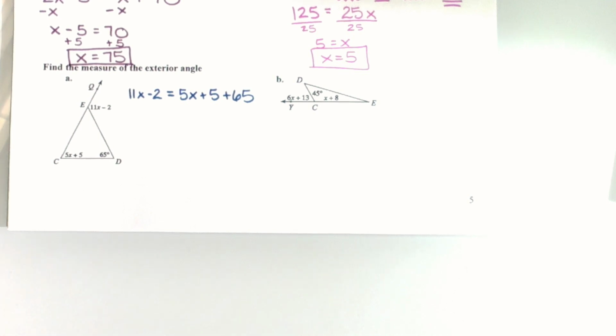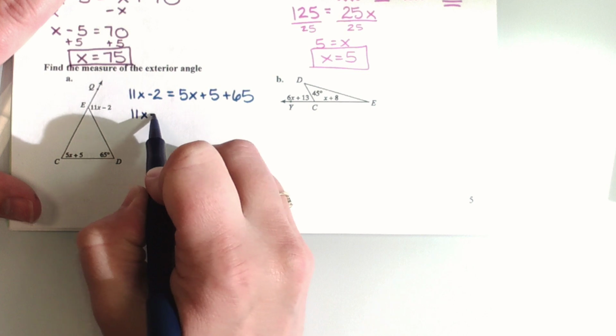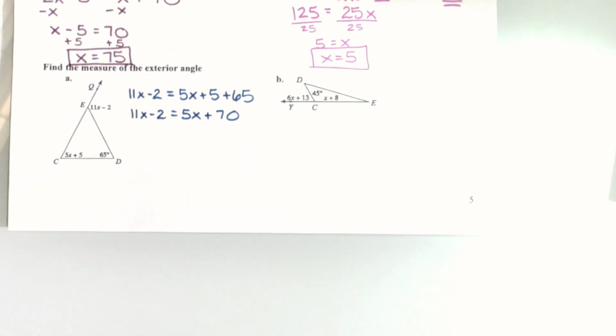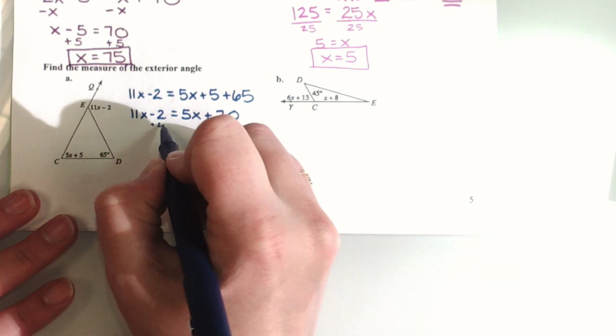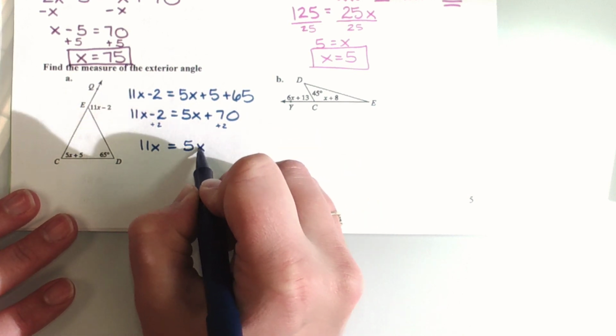So, okay, Dominic, I want to solve this. What are you going to tell me to do? And what am I going to get? 11x minus 2 equals 5x plus 70. You got it. Brody, what would you tell me to do next? 11x equals 5x plus 72.